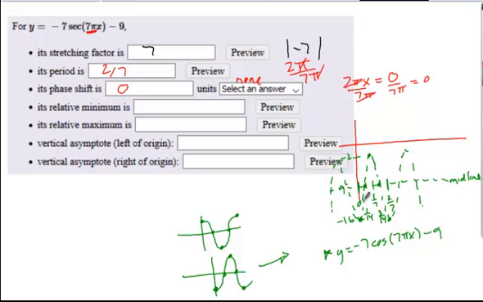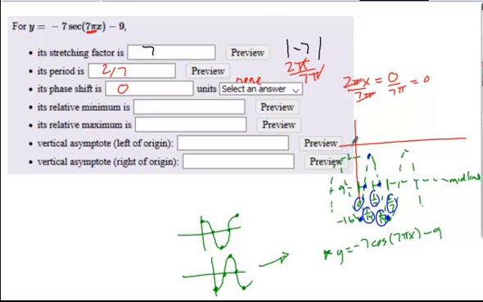So my critical points are at 0, 1/14, 1/7, 3/14, and 4/14 or 2/7. So those are my 5 critical points.